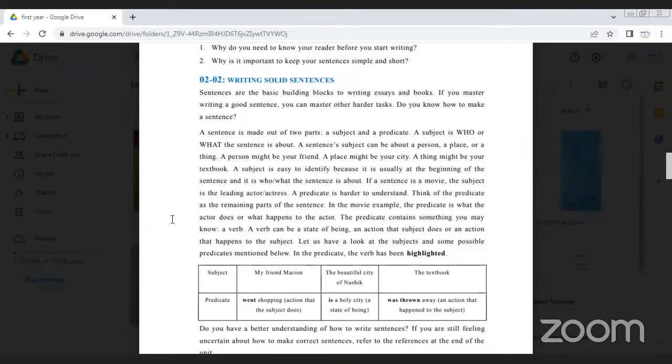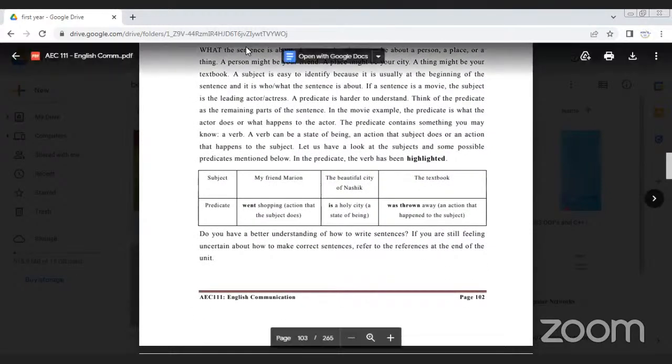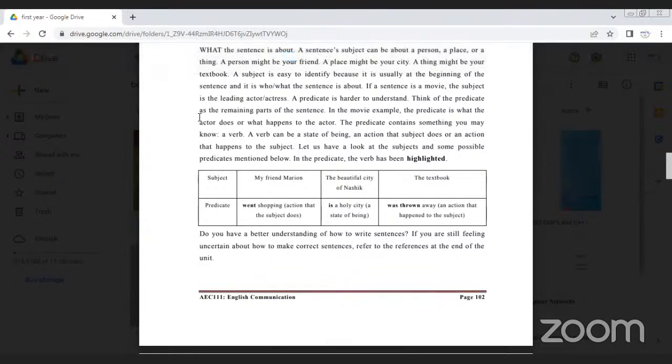A verb can be a state of being, an action that the subject does, or an action that happens to the subject. Let us have a look at some subjects and possible predicates mentioned below. In the predicate, the verb has been highlighted. Let's see subject and predicate.